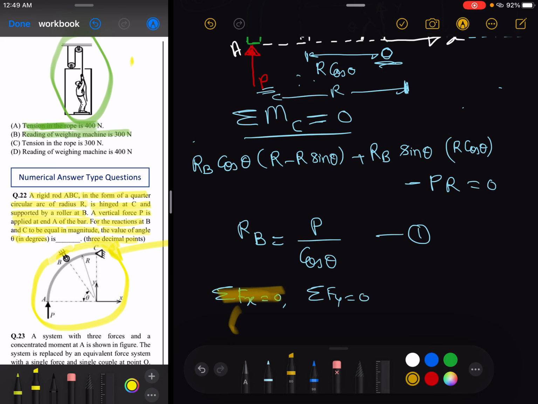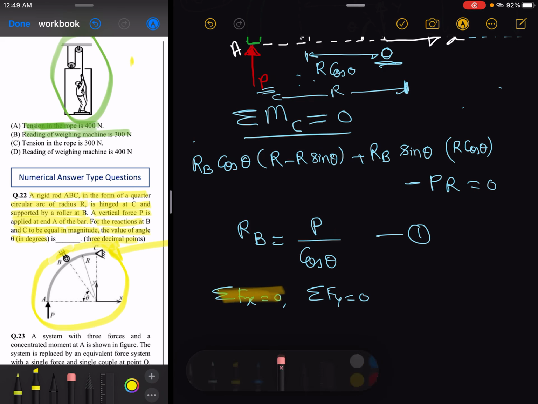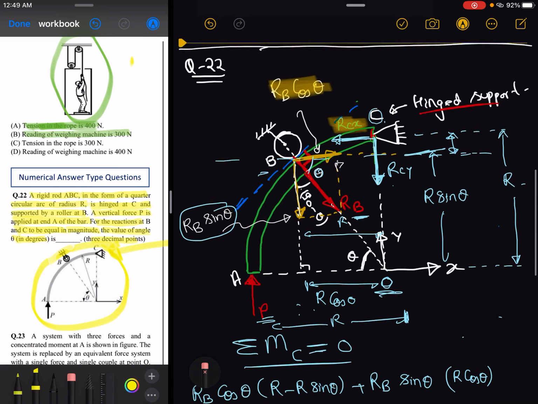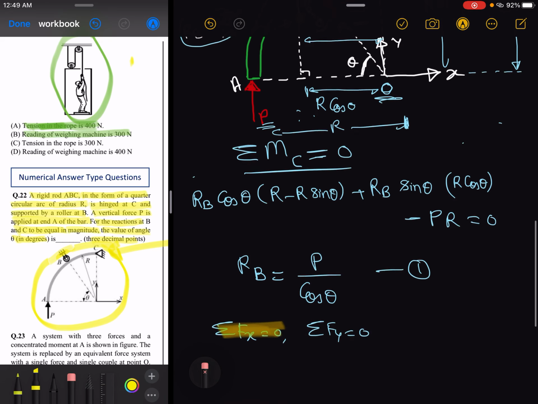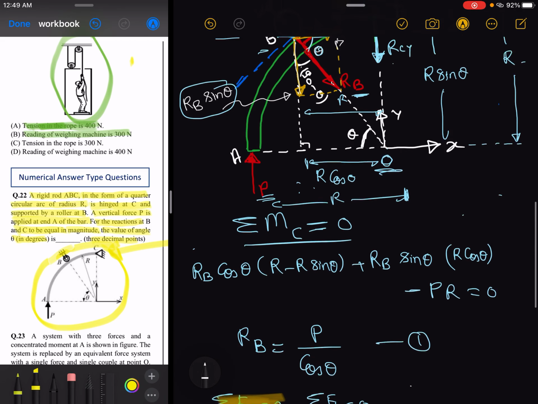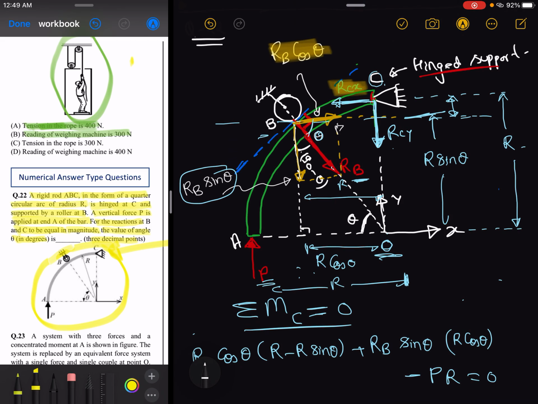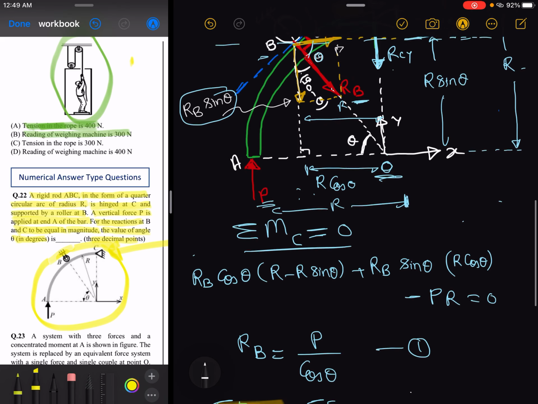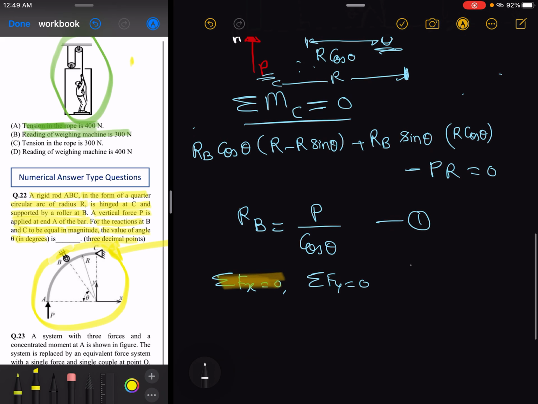Using this equation, we are going to solve for the RCX value. So here I am using Fx equals 0 and writing the terms which we are getting. We have RB cos theta towards the positive x-axis, and RCX acting in the negative x-axis. So minus RCX plus RB cos theta should be equal to 0.